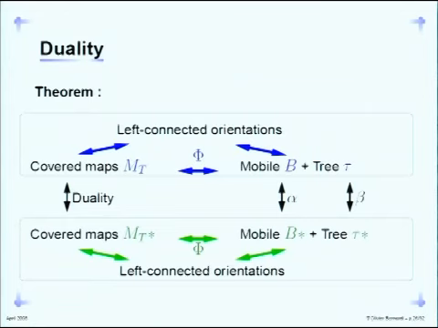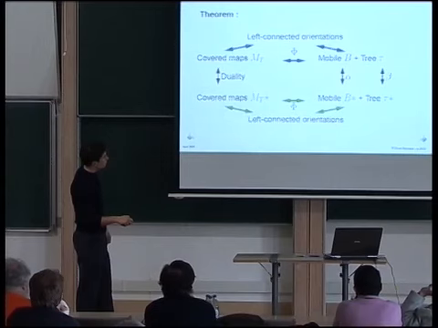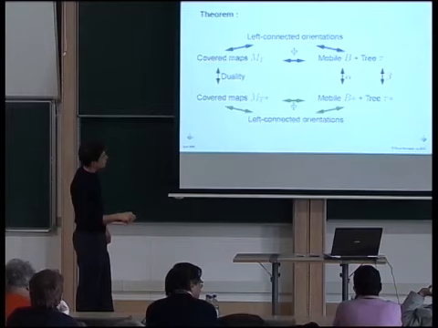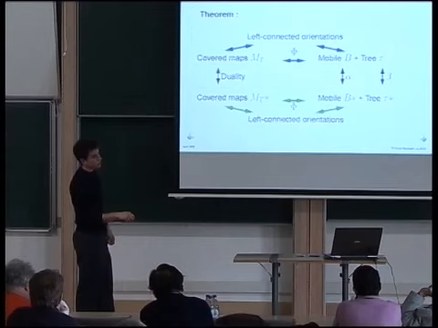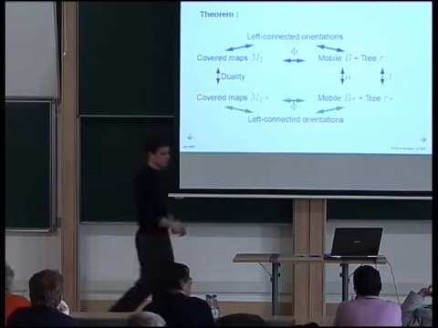The dual bijection is isomorphic in the sense I was saying before, meaning that if I apply the same bijection on the dual covered map, I will obtain a mobile B and B star, and the trees T and T star can be obtained by independent maps from the mobile B and the T.